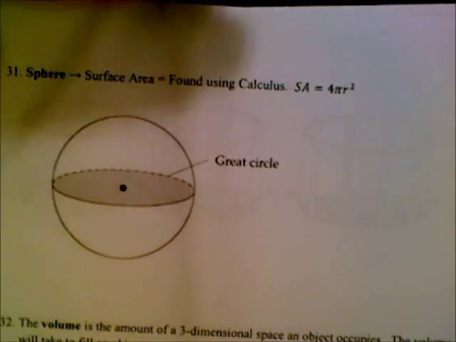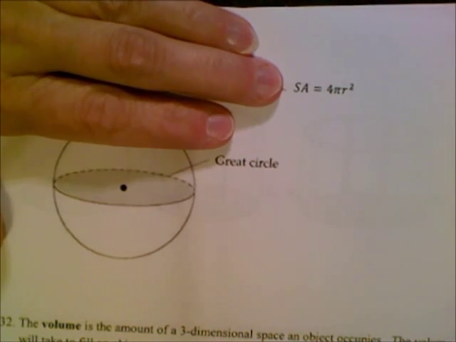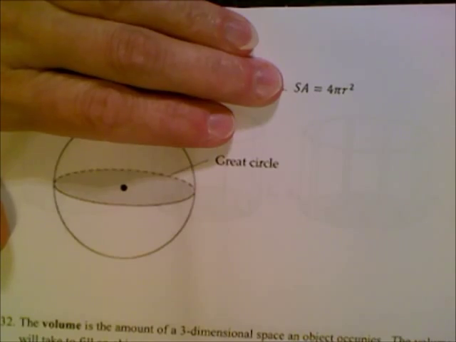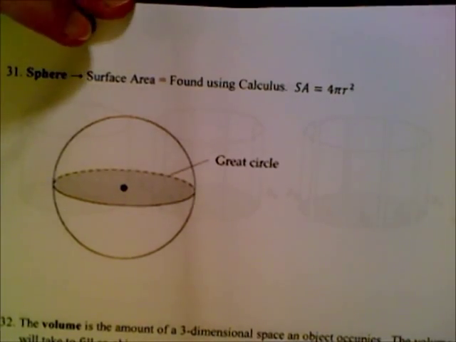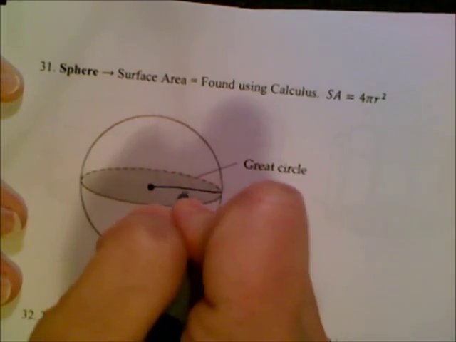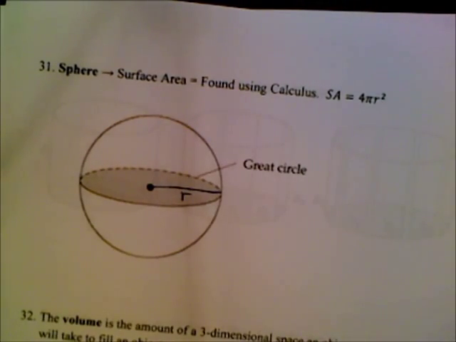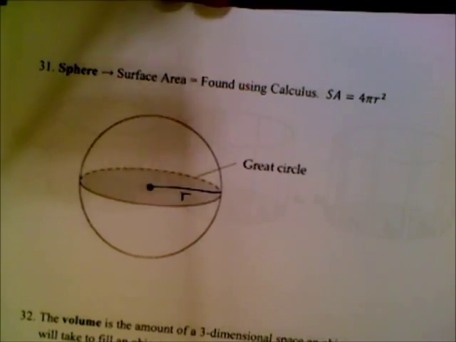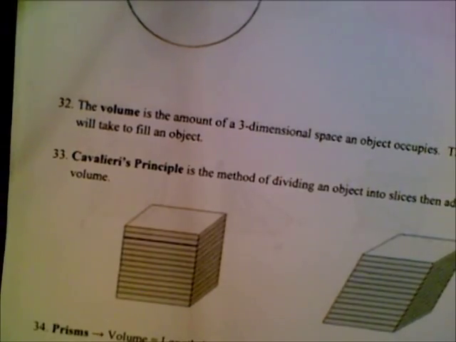Okay? It's just what I like to call a plug and chug formula, where r is the radius of the sphere. So r is that radius of how far it goes. That is all the surface area, so now let's move on to volume.